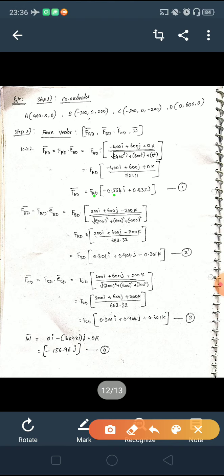Similarly, here FBD into 0.301, correct, here FCD into 0.301, and in the weight it is 0.